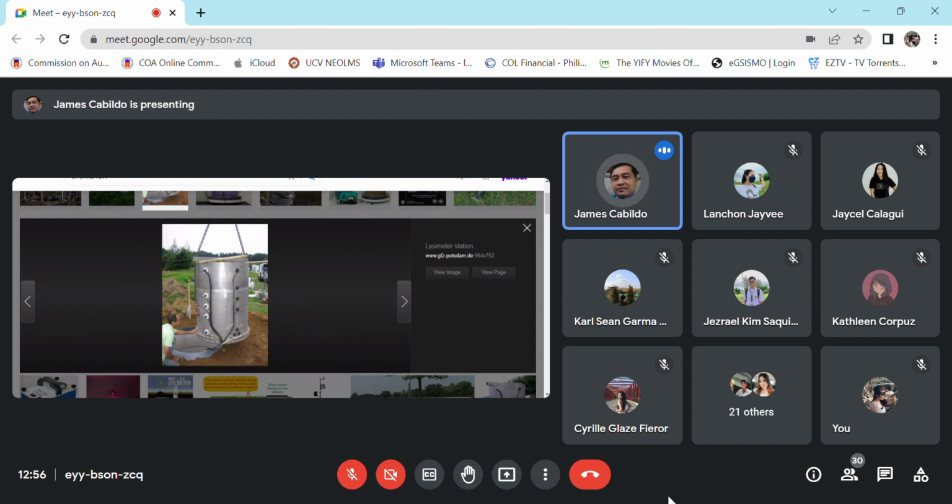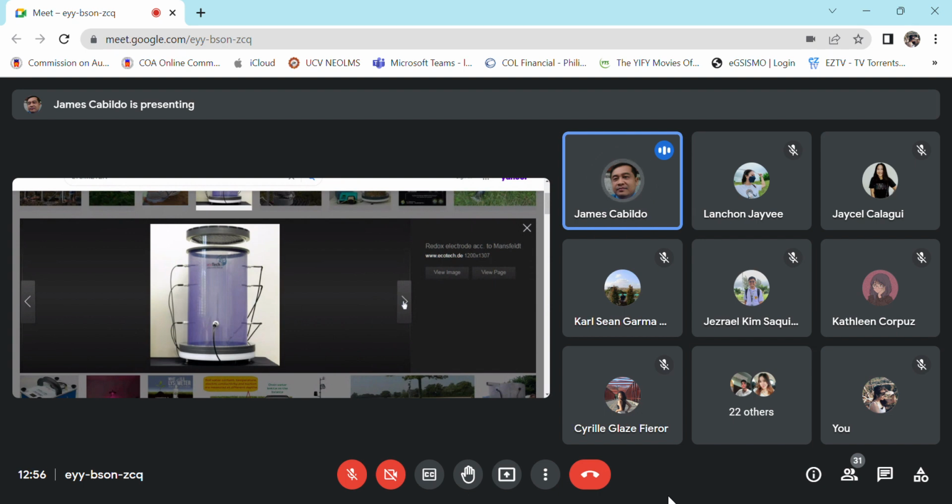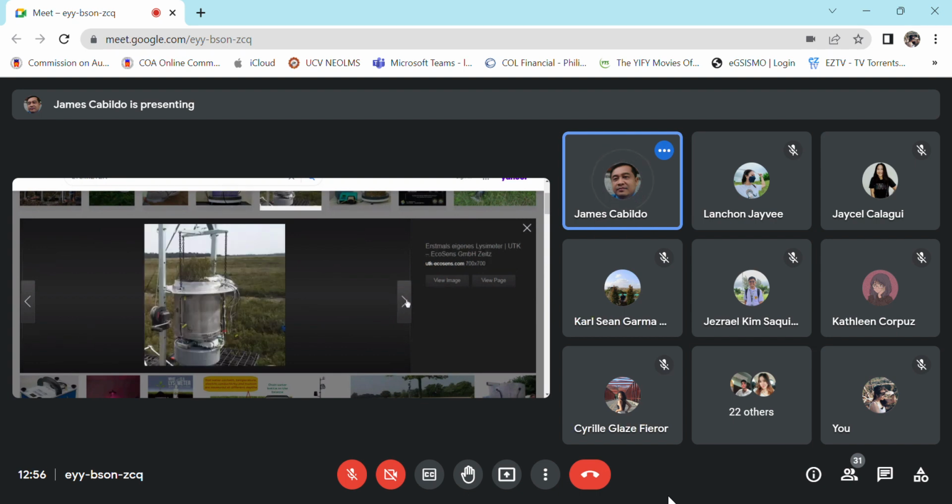So sa tingin pa lang, magastos, mahal ito kasi may mga sensors na rin yan para automated. So parang ganyan. Maganda ito, medyo transparent yung ginamit na material, nakakabit sa tangke na yan. Yan. Medyo closer look yan.